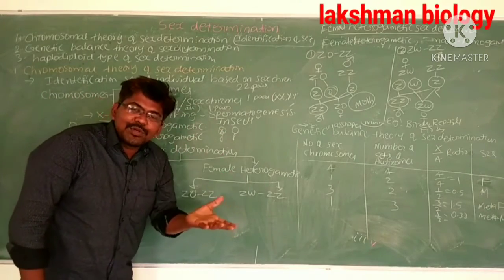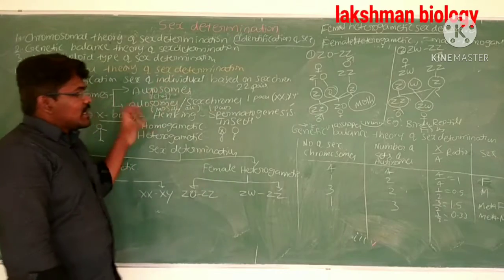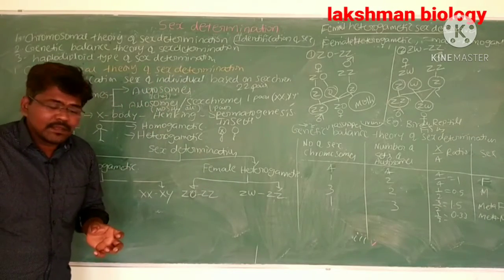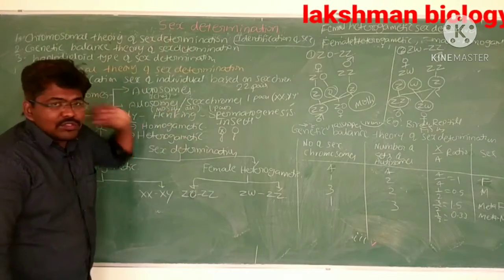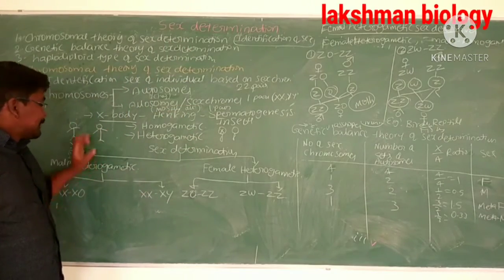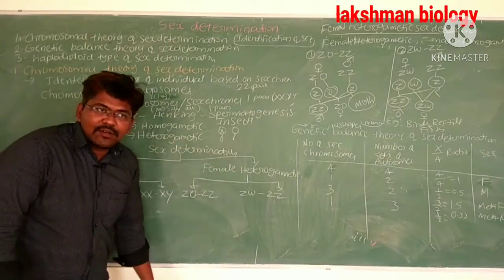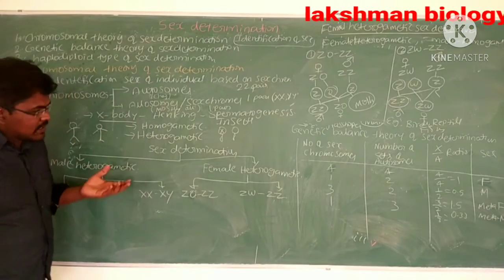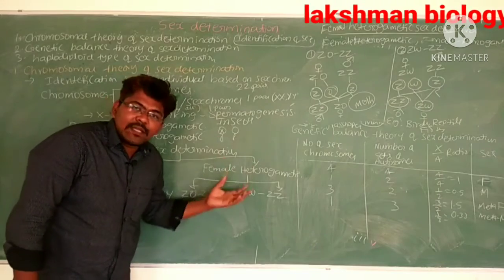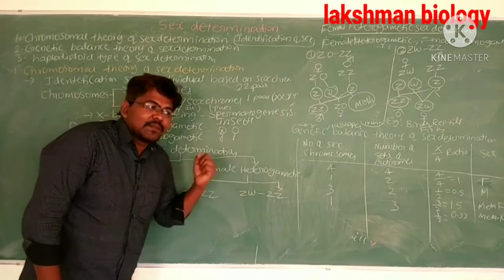If an organism produces different types of gametes, it is called a heterogametic organism. Sex determination is divided into two types, male heterogametic and female heterogametic. In male heterogametic, the male is the heterogametic organism; in female heterogametic, the female is.